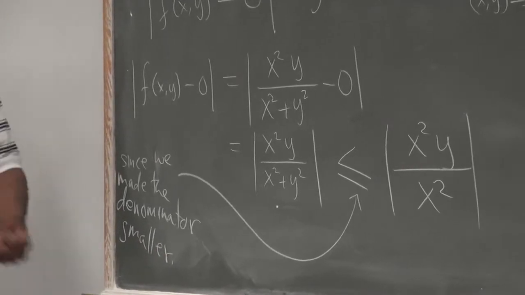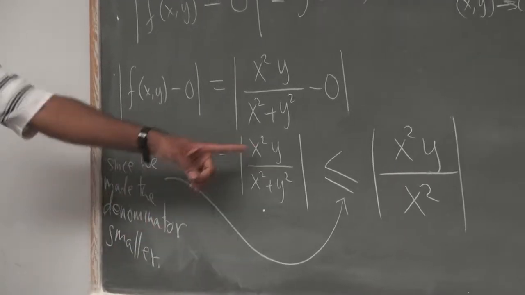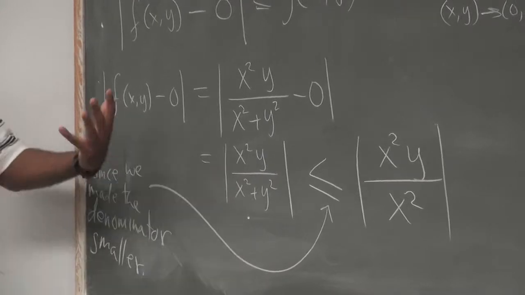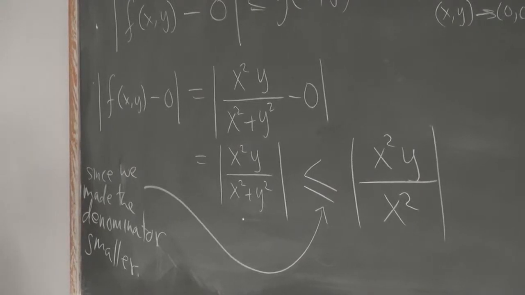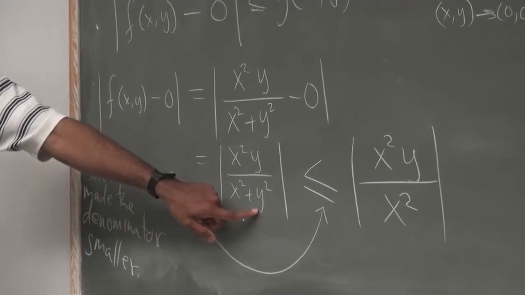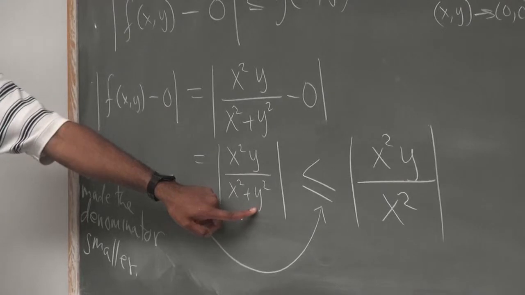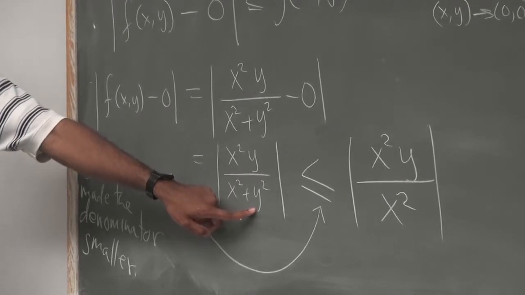A fraction with a smaller denominator is bigger overall, right? If the numerator is the same but you have a smaller denominator, you get a bigger fraction. So one way to make a fraction bigger is to just make the denominator smaller. And since y squared is either 0 or bigger, removing y squared actually makes the denominator smaller.